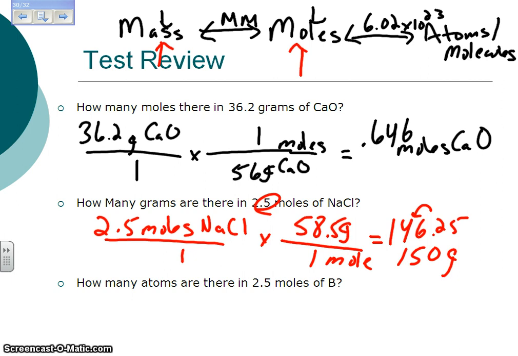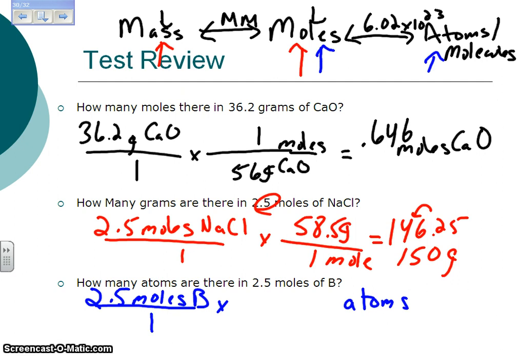Last question. We have 2.5 moles of boron. And we want to know how many atoms. We come to our mole map and we look at our starting point. Our starting point here is moles. We want to go to atoms. The tool we need to use is Avogadro's number. So we set up our unit multiplier.